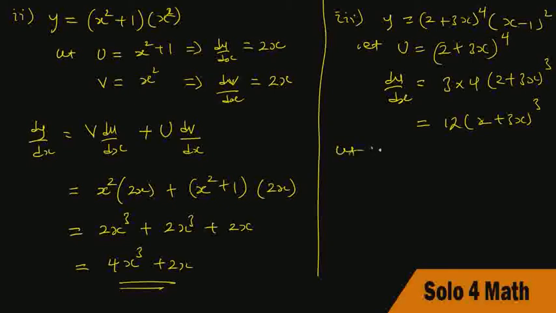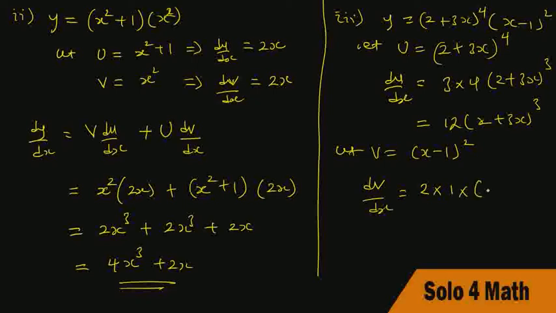Let your v be equal to (x minus 1) squared. So to get dv/dx, we use the same method. You start by dropping the power, which is 2, multiply by the derivative of what is in the bracket. When you differentiate x minus 1, you get a 1.